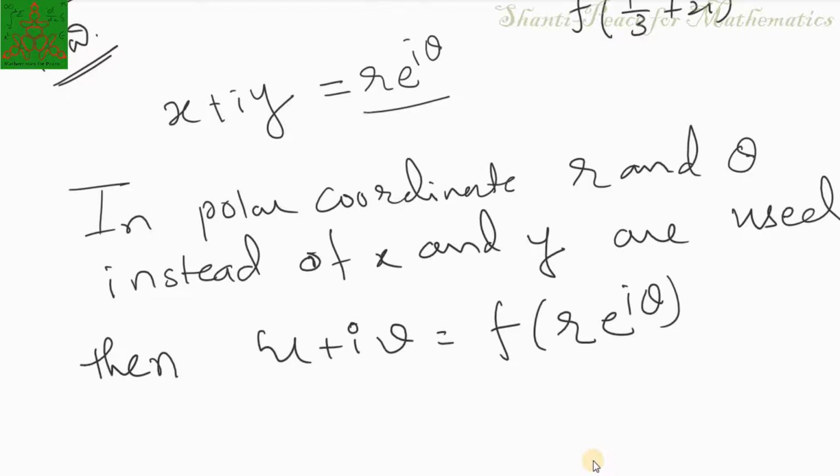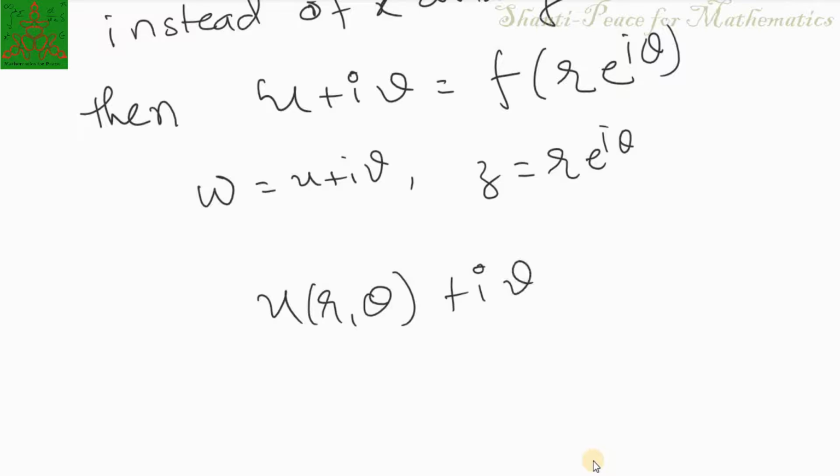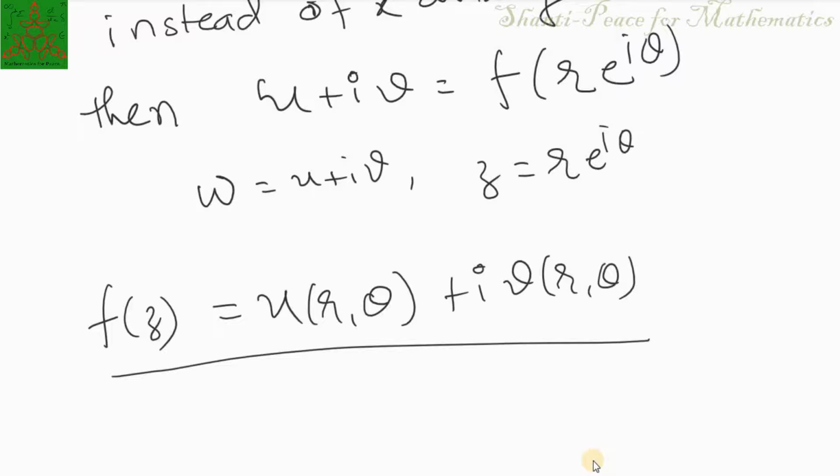So if I write w as u plus iv and z as r e power i theta, then you can have your functions u and v, both of them in terms of polar coordinates, that is u of r,theta plus i v of r,theta, and this will be nothing but your function f of z. The objective is you can convert your function into polar coordinates also.